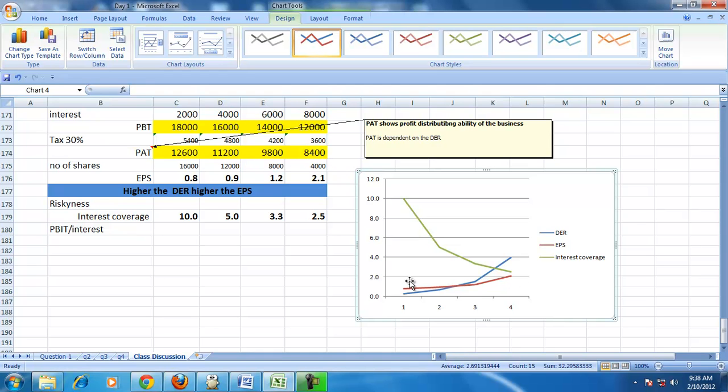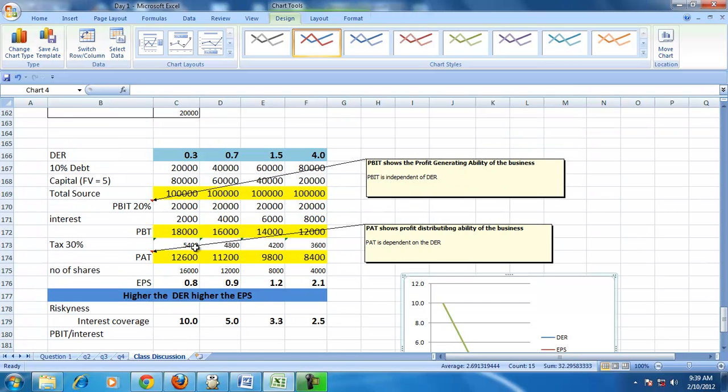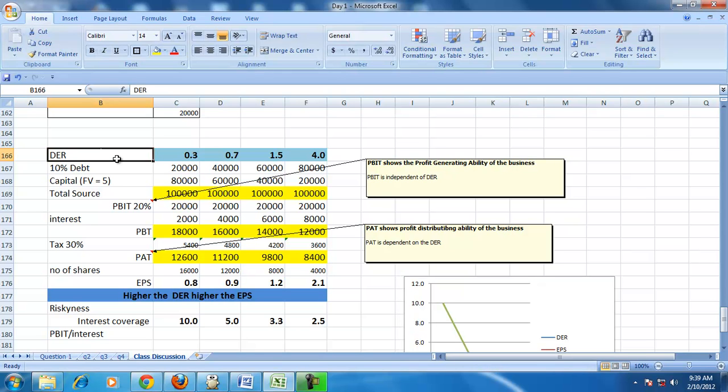The higher the debt equity ratio, the blue curve, the higher is the EPS, which is the red curve, whereas the interest coverage ratio falls with the increase in the debt equity ratio. So it is necessary as an analyst not to see the debt equity ratio in isolation, but to observe the effect of the debt equity ratio on EPS and on the interest coverage ratio.